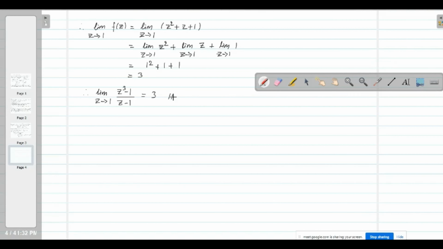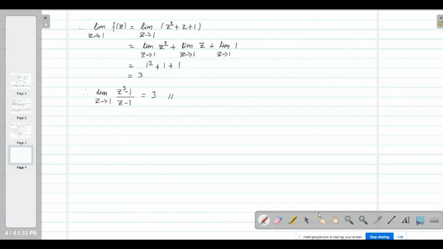Yes or no, students? Is this easy or difficult? Yes, sir, easy, sir. Yes, this is an easy beginning problem. Example number 2.